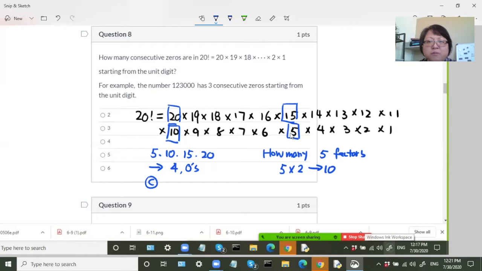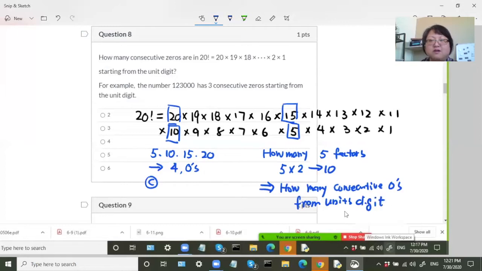So we just need to count how many 5 factors are in the product. Then we would know how many consecutive zeros from the unit digit. Here we have 4 factors of 5, so we have 4 zeros, right? Because each 5 factor gives us one 0.